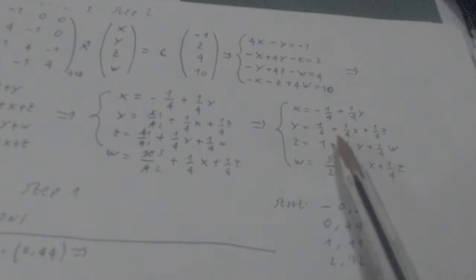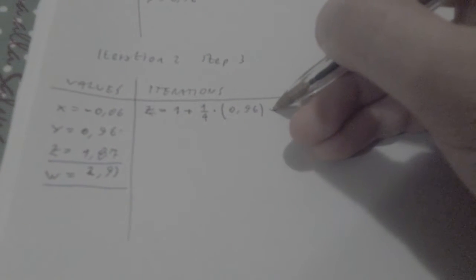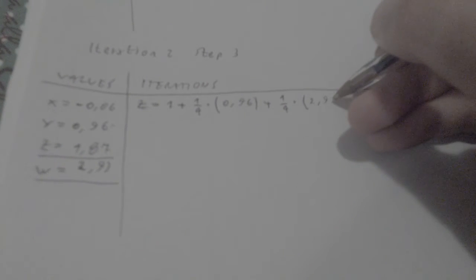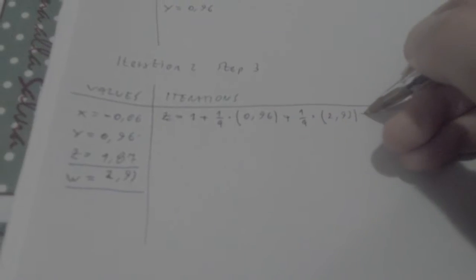Well, Z was 1, so a scalar, plus 1 over 4 Y, so it's dependent on Y, plus 1 over 4 W, so it's dependent on W. As we said, Z is equal to 1 plus 1 over 4 times 0.96, which is the value for Y we had just found, plus 1 over 4 times 2.93, which is the former value of W we have found.